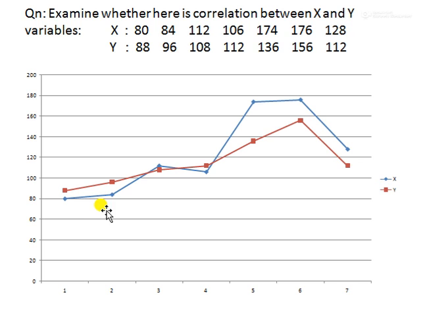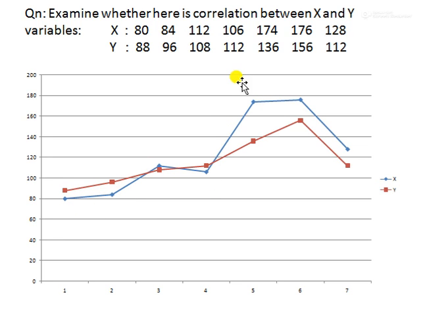Then the second is 84. Third is 112. Fourth is 106. Then 174, 176, 128. Then connect all these points using straight lines. Now we get a curve. Here the blue color curve is the curve of variable x.